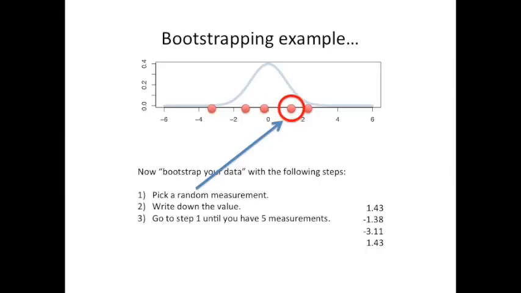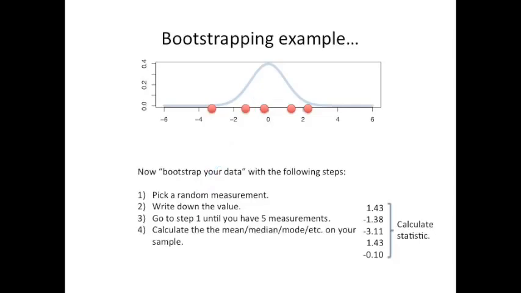Our fourth measurement is 1.43. We've already picked that measurement before, but that's okay. When you're bootstrapping, you just pick 5 measurements from your sample, and it doesn't matter if you've picked the same one before. Our last measurement is minus 0.10.